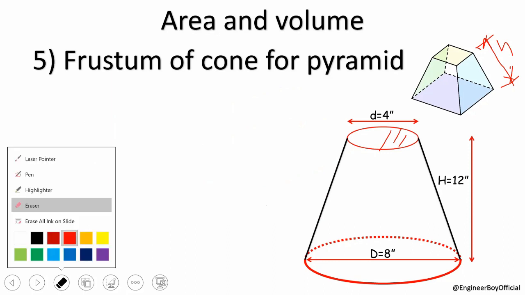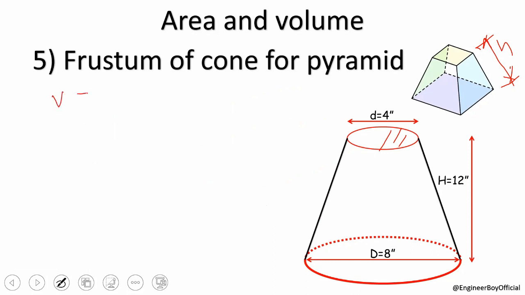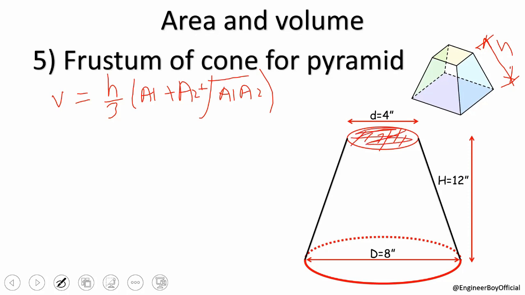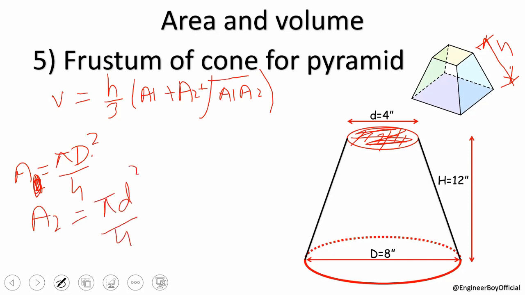So as you can see, we have the volume, which is h by 3, and then we have A1 plus A2 plus square root of A1 A2, right? Now A1, let's say this is the top area. The top, as you can see, is pi d squared divided by 4. And the bottom, A2, is the same thing as pi d squared divided by 4.